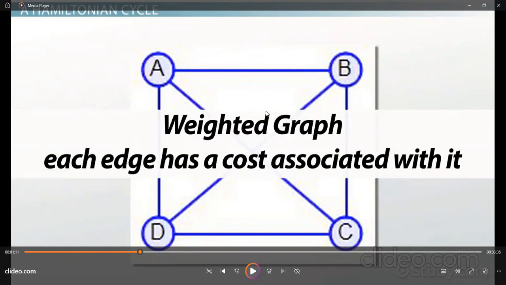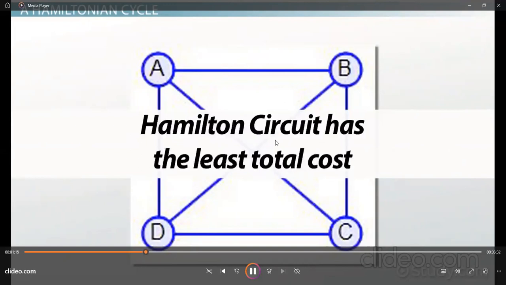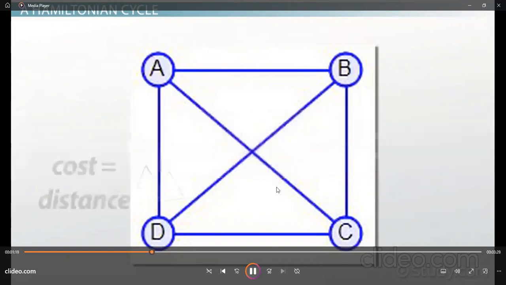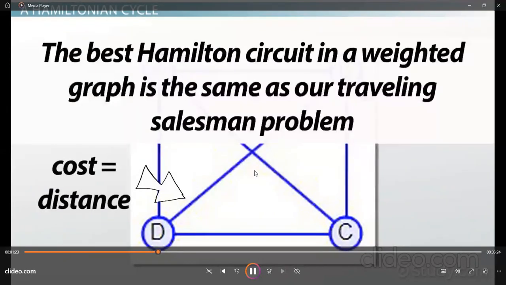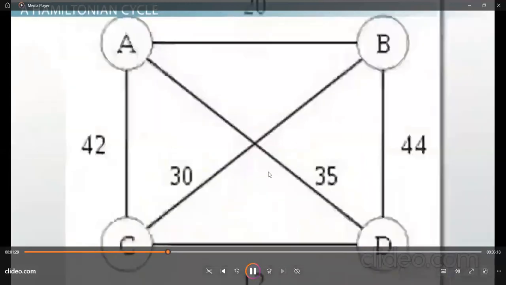In the weighted graph, edges are listed with a cost. The costs are mentioned in the graph. It gives the least total cost to cover all the vertices in the graph. The best Hamiltonian circuit in the weighted graph is the same as our traveling salesman problem.